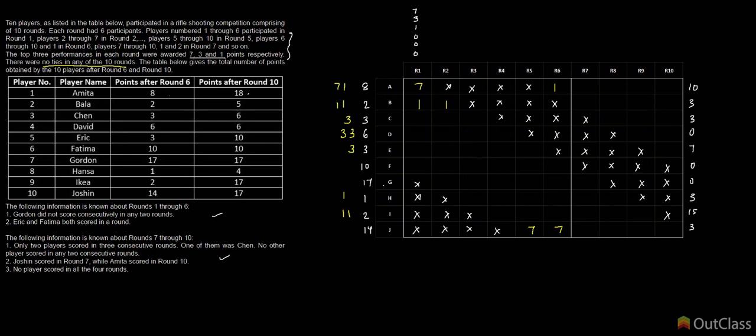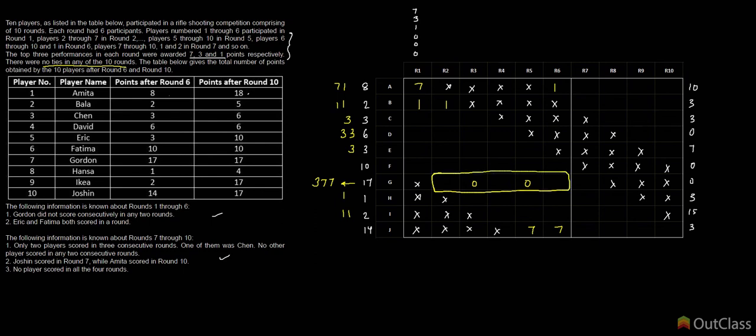Now regarding the 17 by G, Gordon did not score consecutively in any 2 rounds. So 17 minimum requires 3 numbers, 7 7 3, and with gaps it will be something like 7 7 3, or it could be 7 3 7. We don't know, but we can confirm that there was no score in the second or fourth out of these 5 rounds.